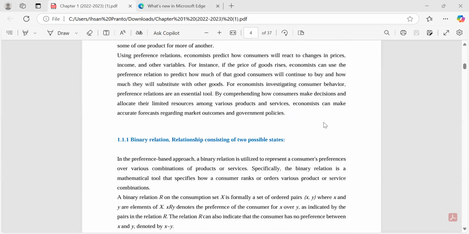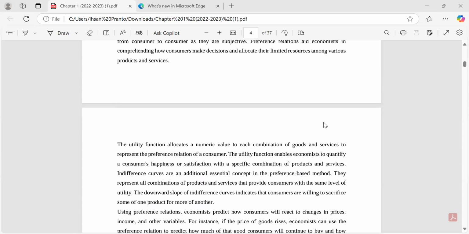So what is the importance of preference in economics? In economics, preference relations help in consumer choice, demand analysis, and welfare in the economy. In consumer choice, it helps us understand how an individual allocates their limited resources.